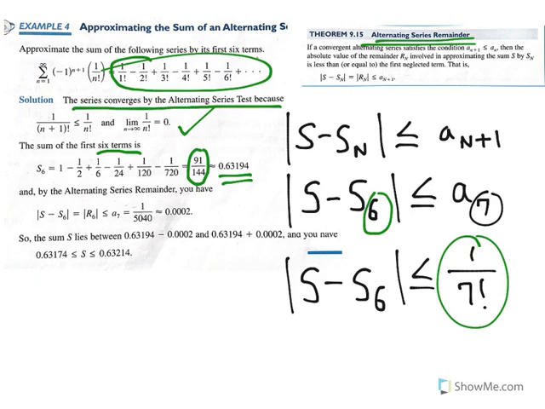And the alternating series remainder theorem tells us that the difference between our sixth partial sum and the exact infinite sum will be less than or equal to the first neglected term, which is 1 over 7 factorial, or 1 over 5040, which is approximately 0.0002.